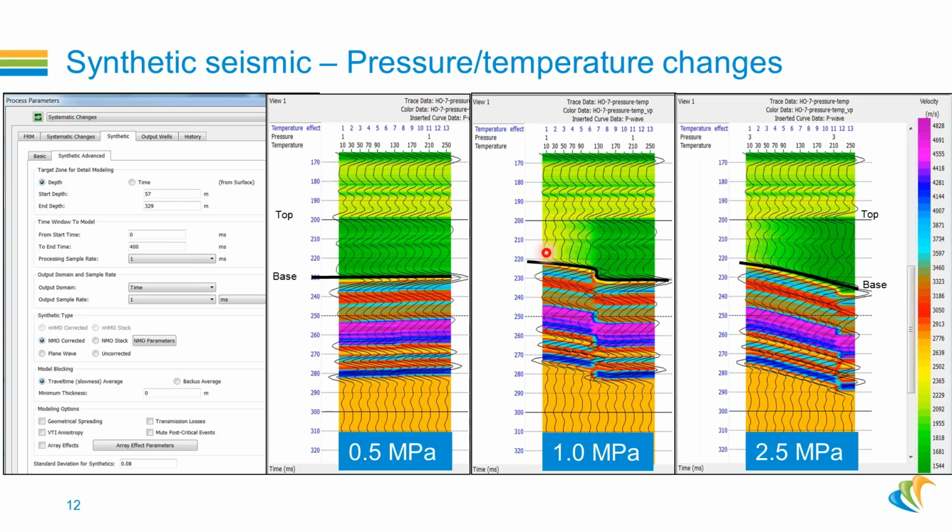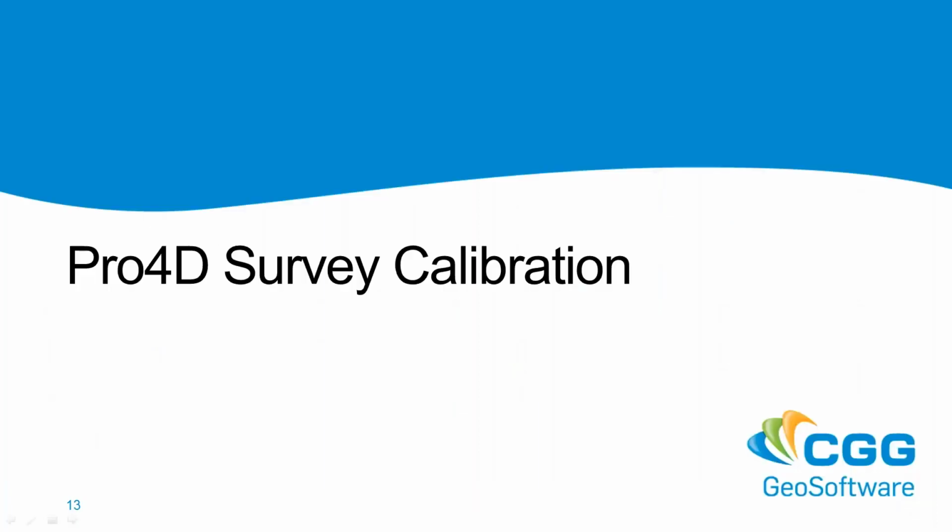And you can just analyze what you can expect if the pressure changes or if the temperature changes in the reservoir, what you can expect from the seismic data. So this synthetic seismic can be generated for you as a pseudo 3D.